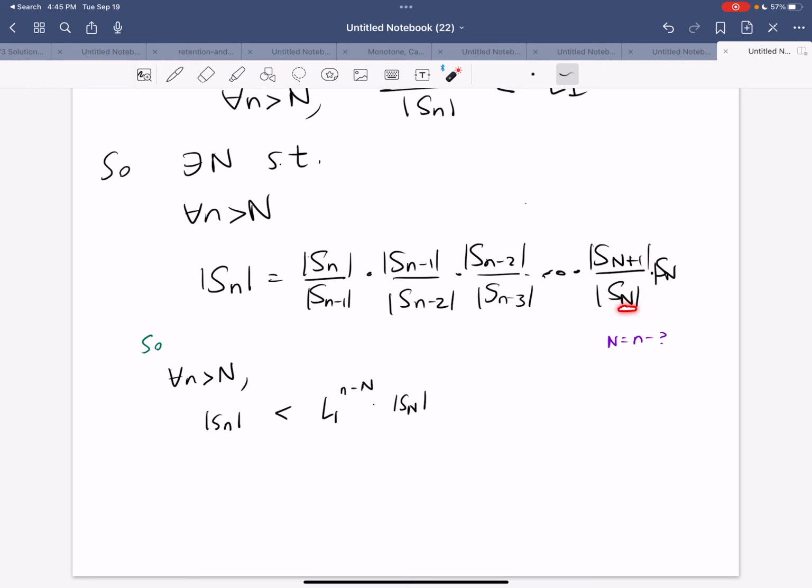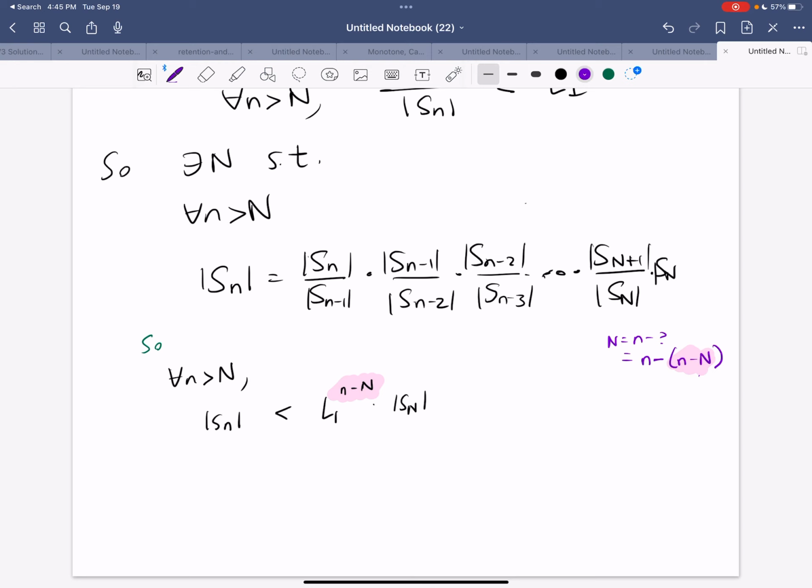I'm going to take big N and rewrite it as little n minus question mark. And whatever question mark is will tell me the number of ratios that I have. Well, I'm just going to write this as little n minus big N. So that's how I know that I have n minus big N factors of L1.